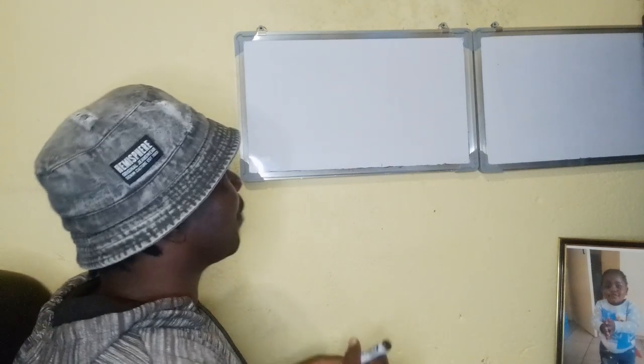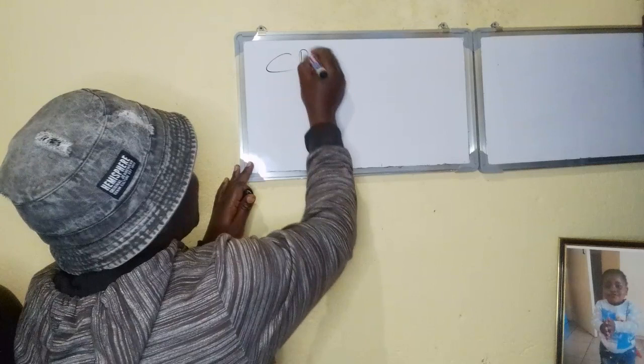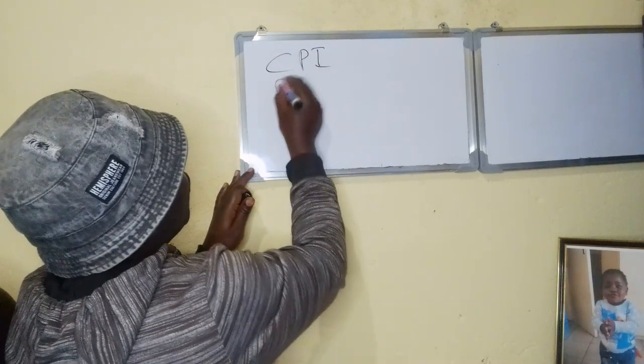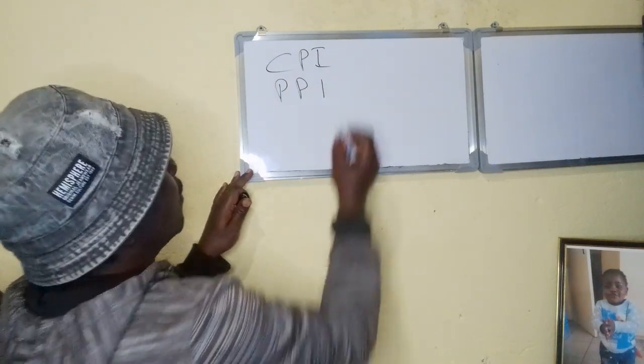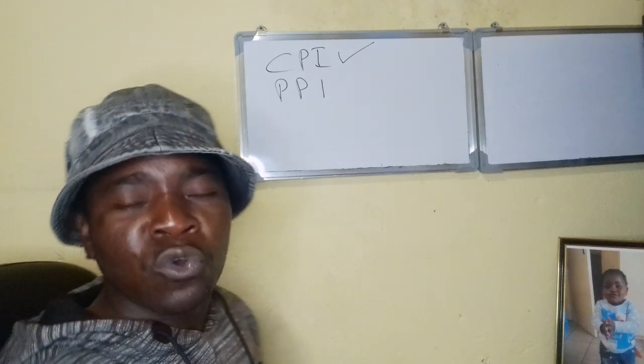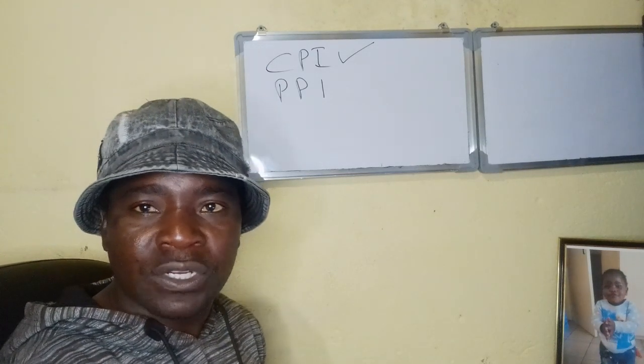Then how do you calculate inflation? Consumer price index. There is also producer price index. This one measures a basket of goods and services produced in a country.